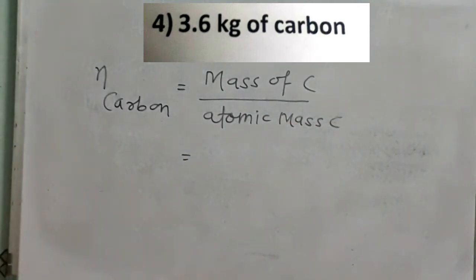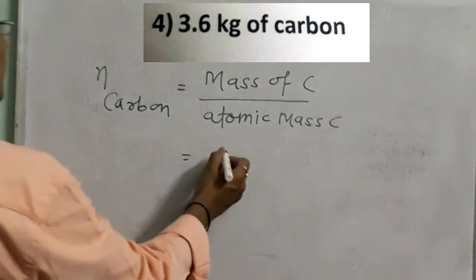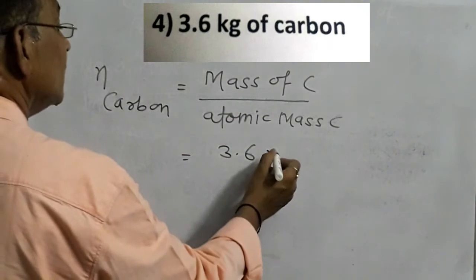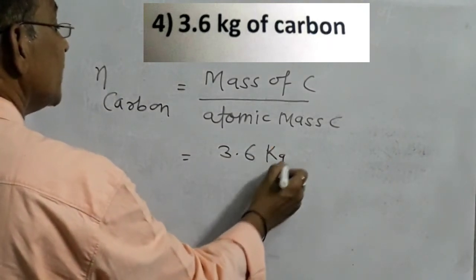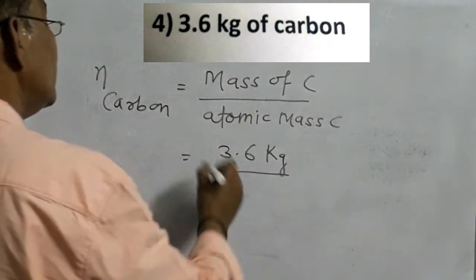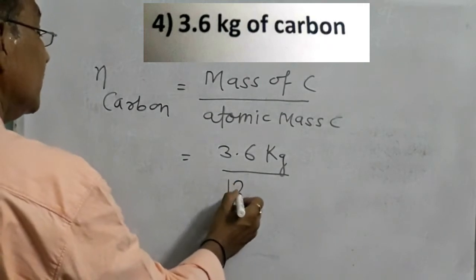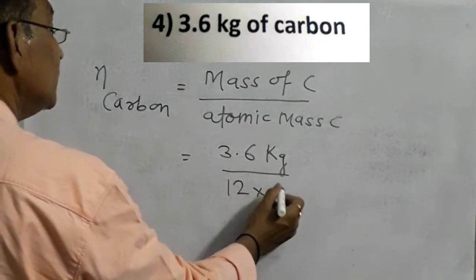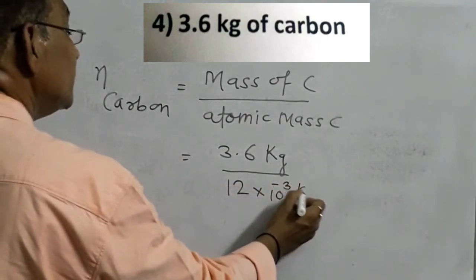So mass of carbon given is 3.6 kilogram, divided by now atomic mass of carbon, that is 12, but it is to be converted into kilograms, so minus 3 kilogram.